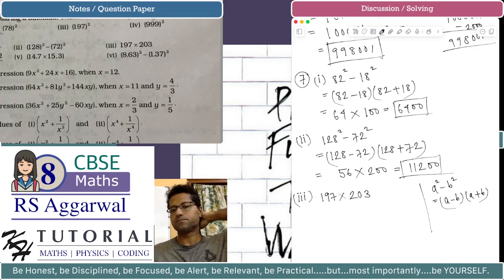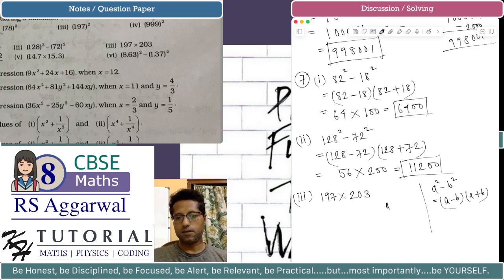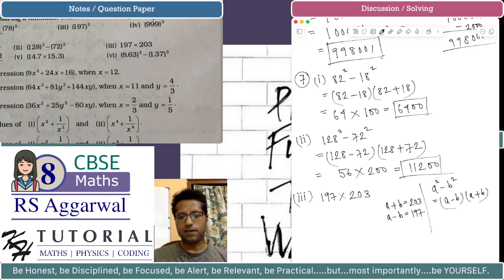Now you can clearly see that 197 is 200 minus 3 and 203 is 200 plus 3.